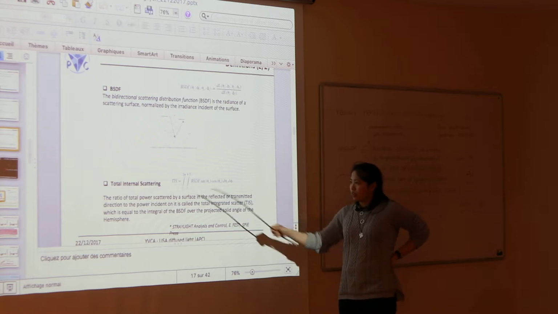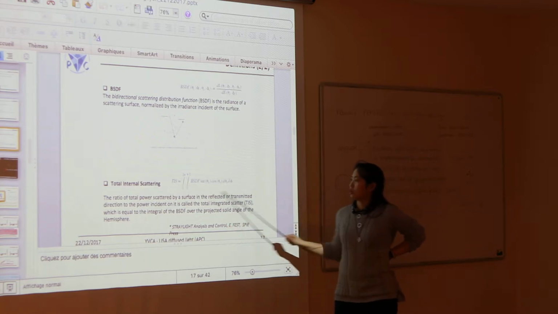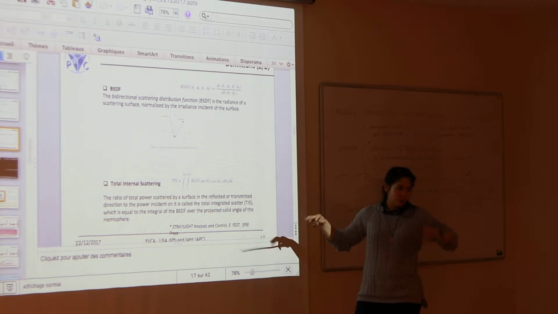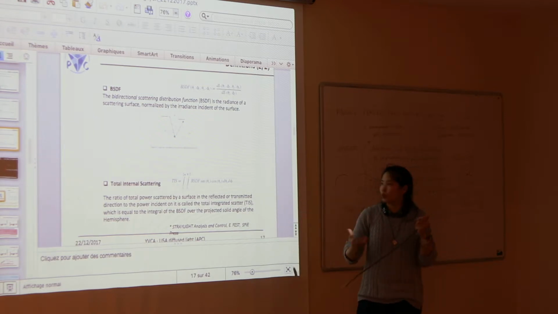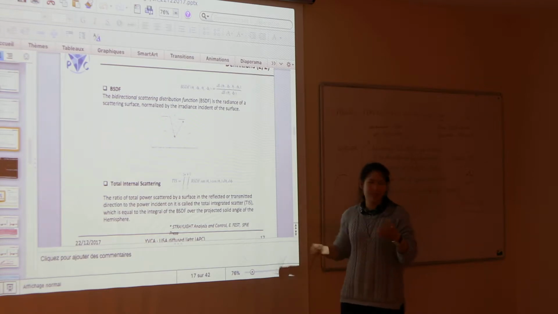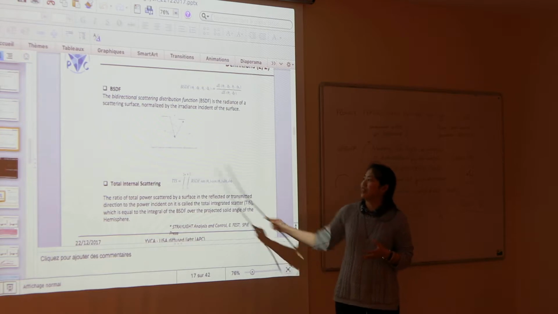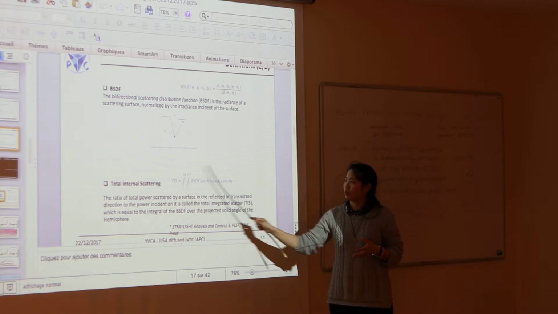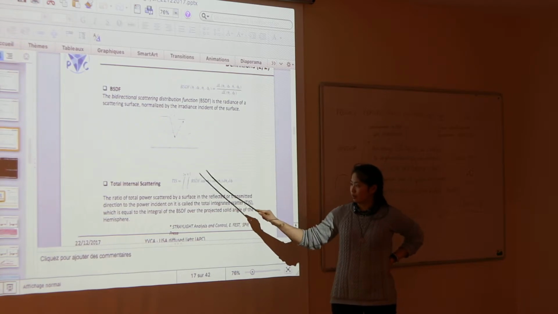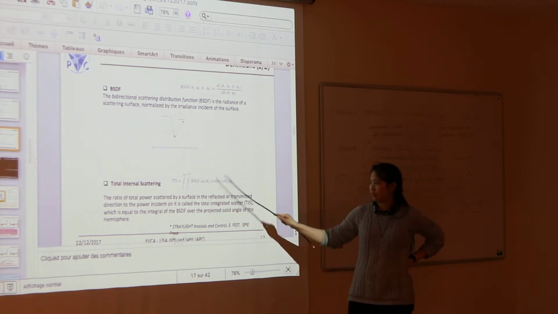So TIS, total integrated scattering, is the integral of the BSDF. The wrong definition is the ratio between the power scattered and the power incident, but it is a wrong definition. You can remember it that way, but it is correct to do the integral of the BSDF.